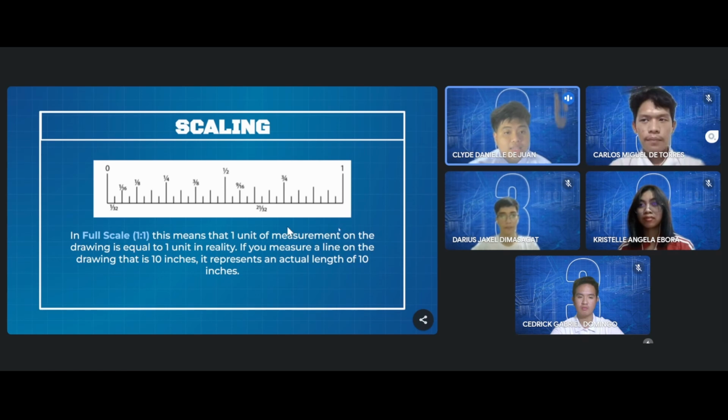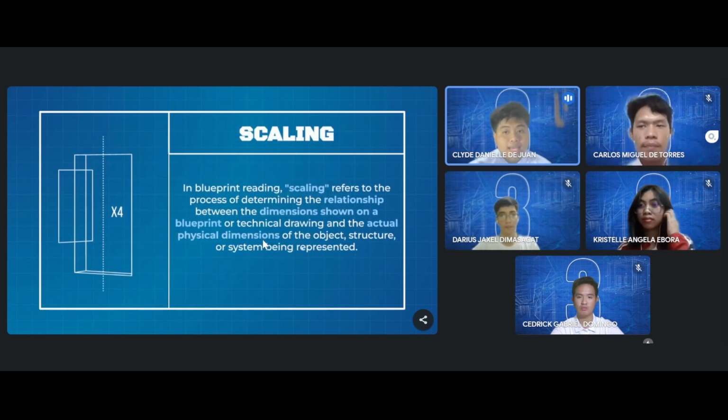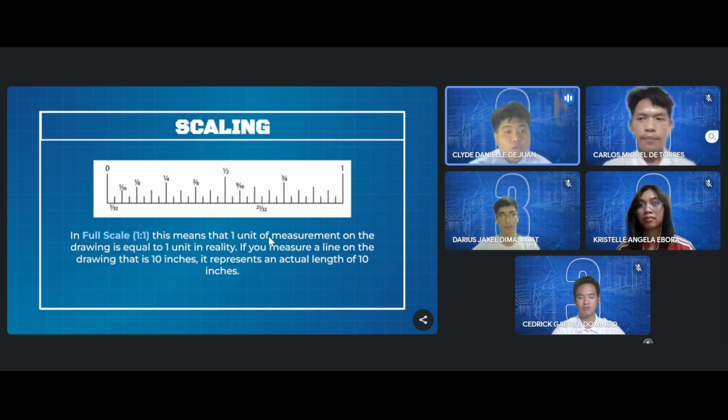Some scales that are often used include full scale, half size, and quarter size. Full scale is literally 1:1, where the drawing dimension is the same as the actual dimension in real life. It is denoted by 1:1 scale.